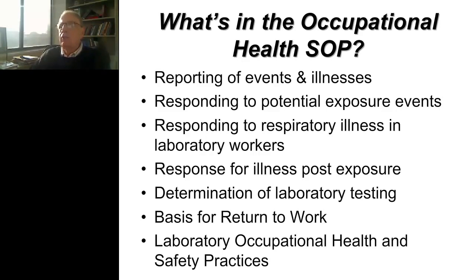How do you respond to respiratory illness in laboratory workers? Do you worry that it could have been laboratory acquired? What's your response for illness with your post-exposure prophylaxis? Do you do fever watches? What occurs if somebody goes on antibiotic therapy, etc.? What if somebody needs laboratory testing? And how do you decide when a person's ready to return to work? All these should be in your SOP.